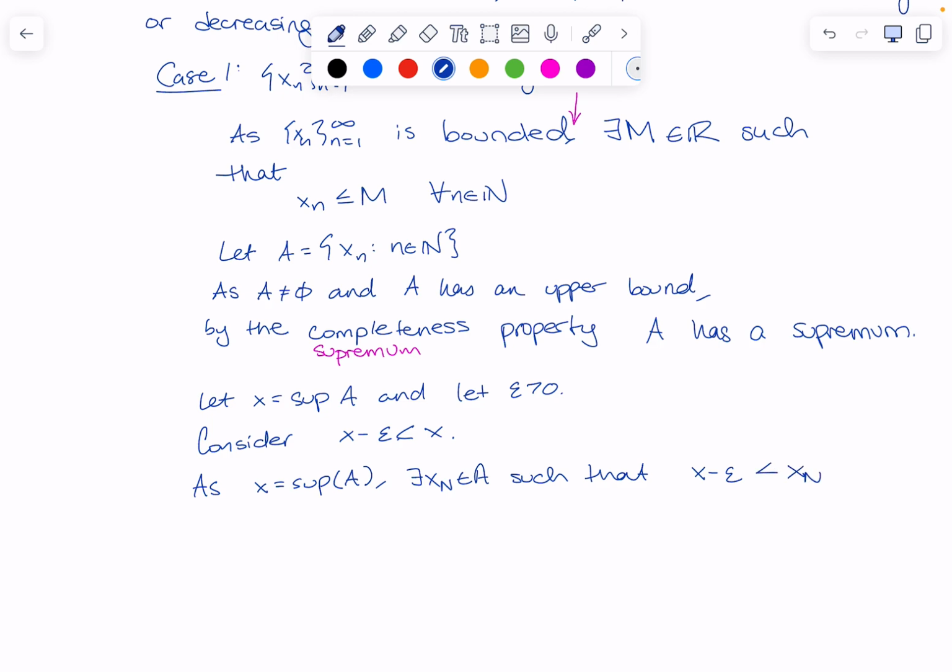There's something in our set A that's bigger than it. Now we know this is an increasing sequence, so what does that tell me about everything past that N?